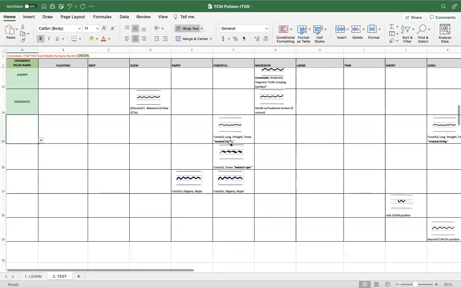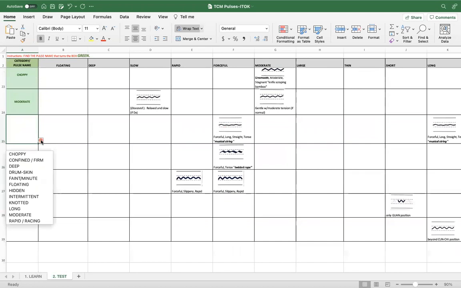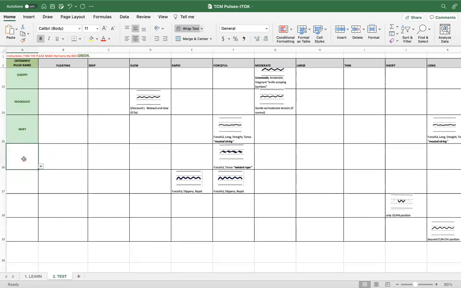Forceful, long, straight, tense, like a musical string. This is a wiry pulse. Forceful and tense like a twisted rope. This is a tight pulse. Forceful, slippery, rapid. Forceful, that's why it's in this category. Rapid is in this category.